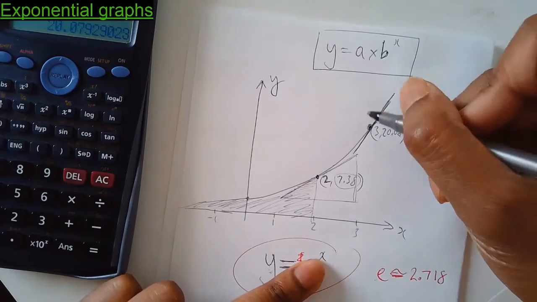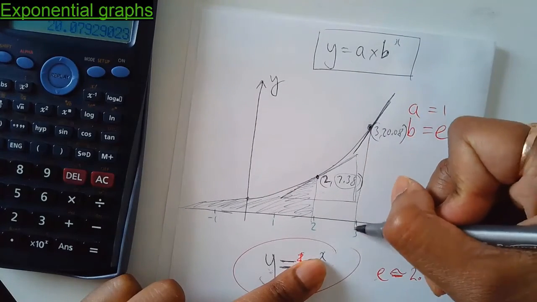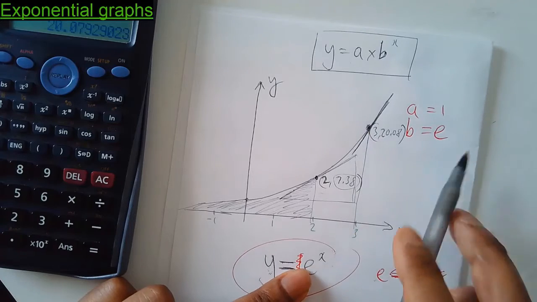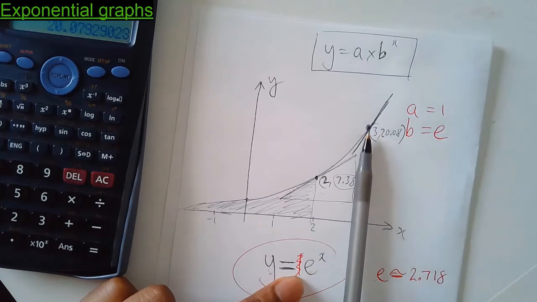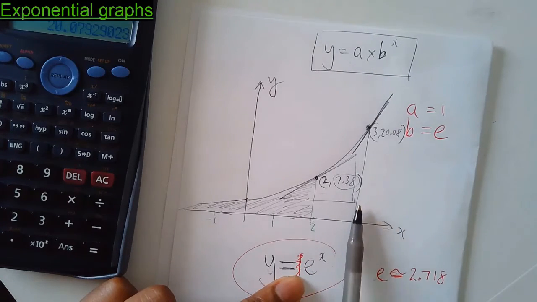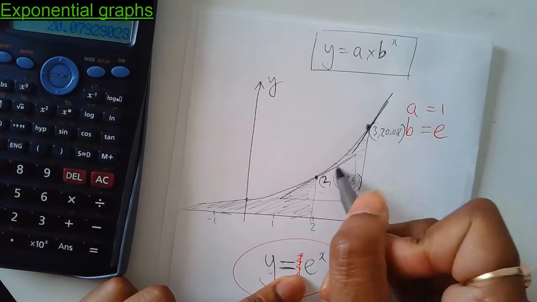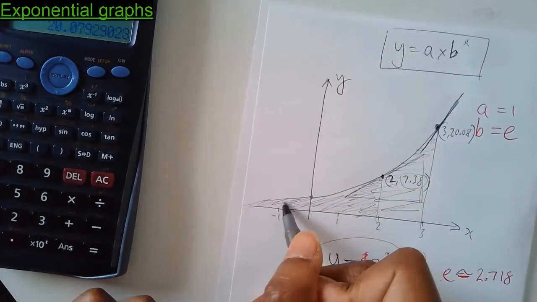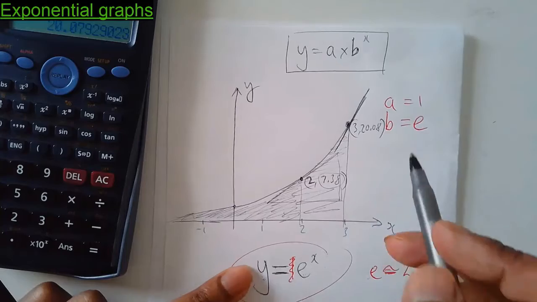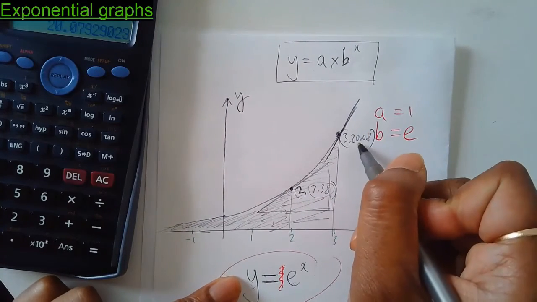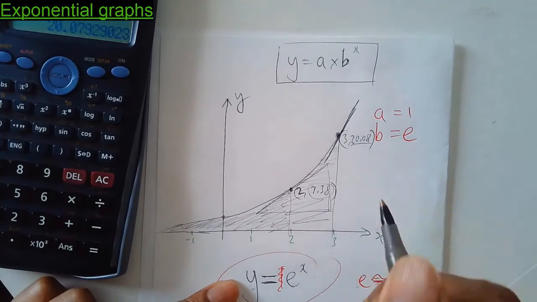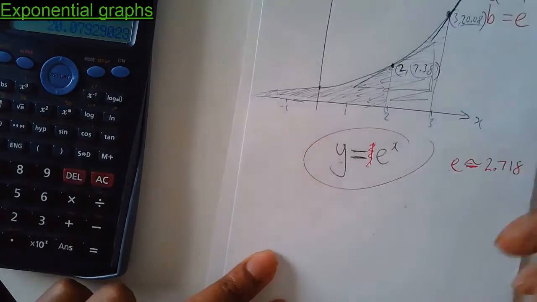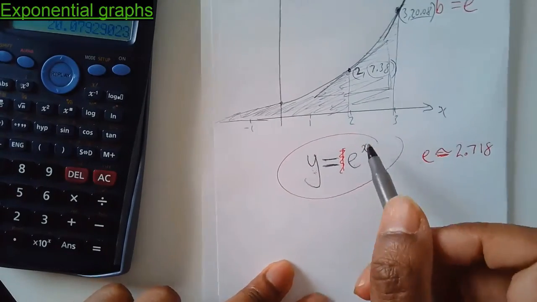And likewise, if I want to work out the area under the graph, everything on the left hand side of 3, all the way to minus infinity, the area under the graph would also happen to be whatever the y value is. So that's what's special about this particular equation.